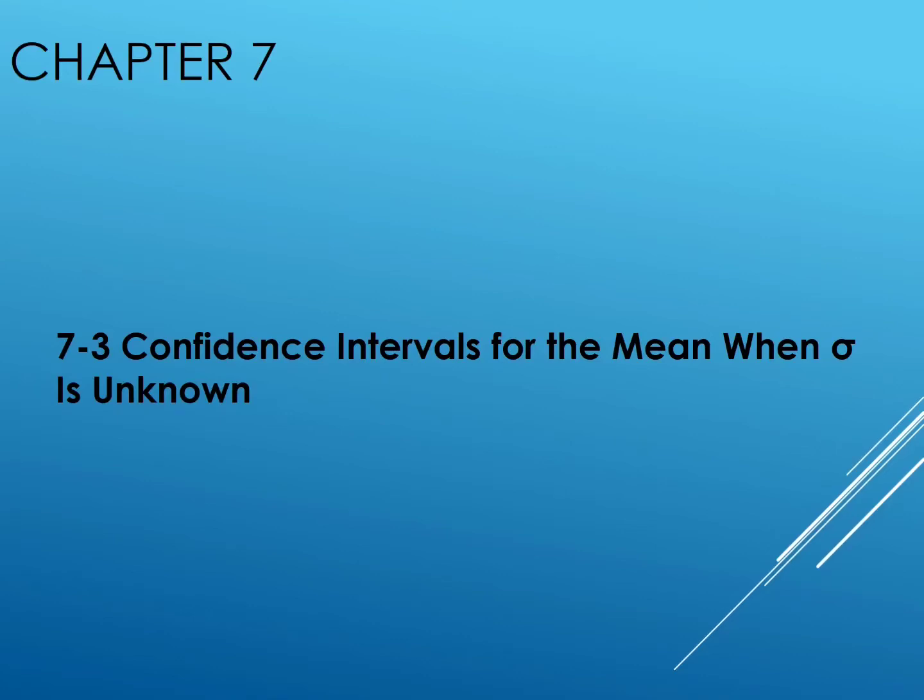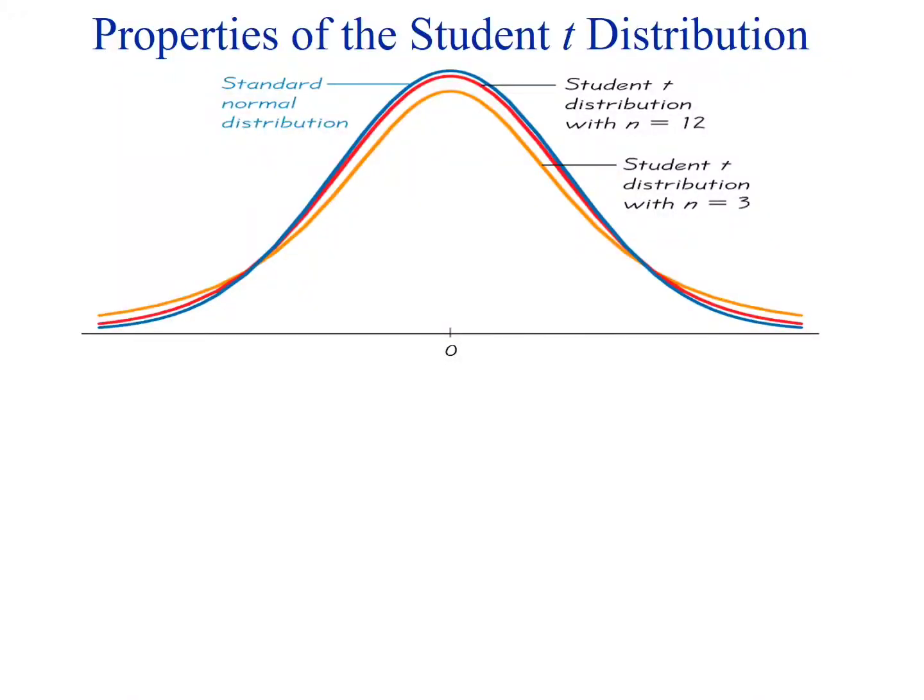Alright guys, so now we're going to go over sections 7.3 and 7.4, confidence intervals for the mean when sigma is unknown. So when sigma is unknown, as in the standard deviation of the population is unknown, we will at least know the information of our own sample, because it's our sample.